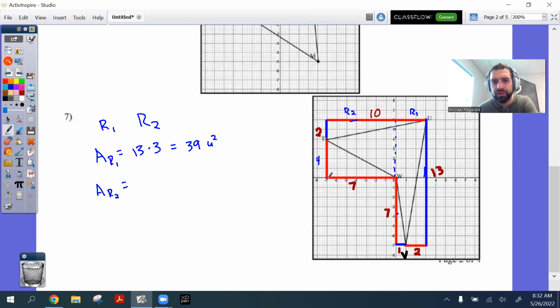We have a length of 7 and a width of 6, which equals 42. Whoa, 42 units squared. Well, 39 plus 42, this total area is 81 units squared. We're going to place that aside. Can I write up there? I think I can. 81 units squared.